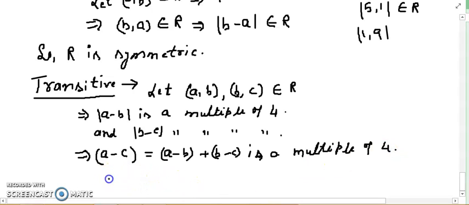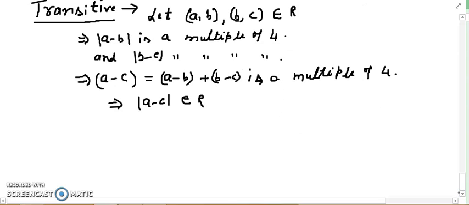So this implies (a, c) also belongs to the relation. So now we observe the relation is reflexive, symmetric and transitive. It satisfies all three properties.